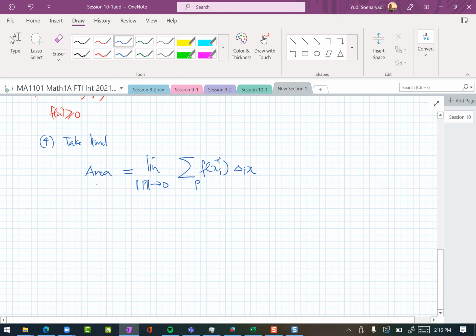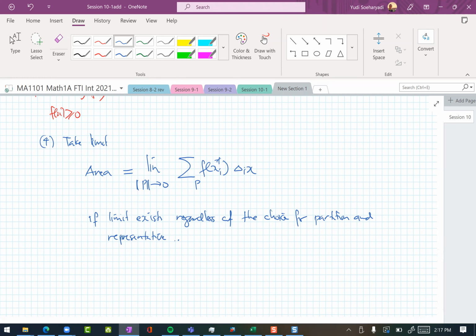We call this the definite integral if the limit exists, regardless of the choice of partition and representative.